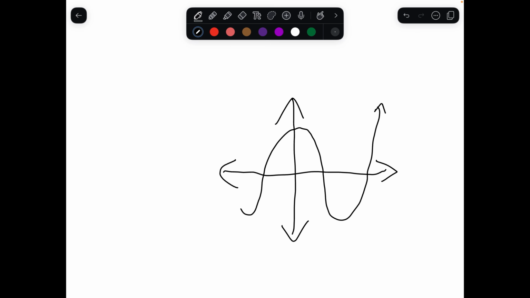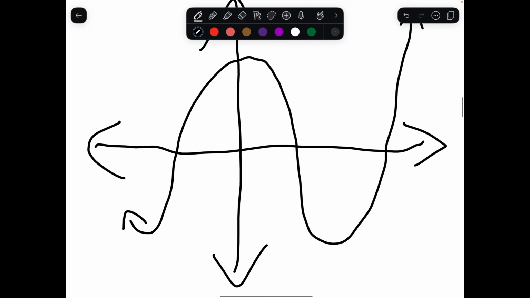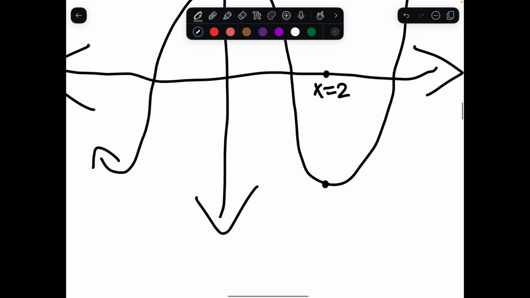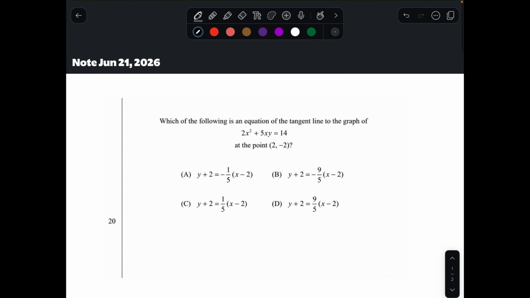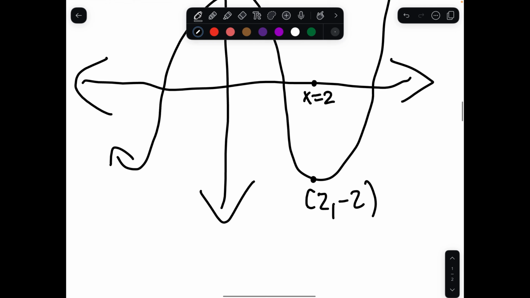So let's say this is the graph, and let's say this point right here is x equals 2. So (2, -2), that's the point, right? Yep, (2, -2) is that, okay?